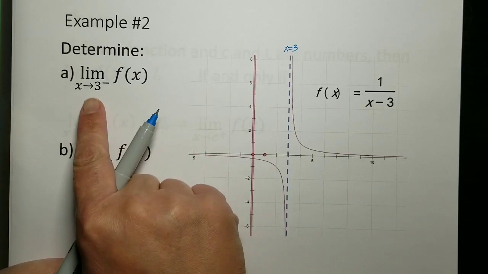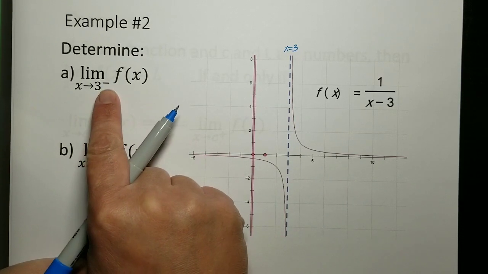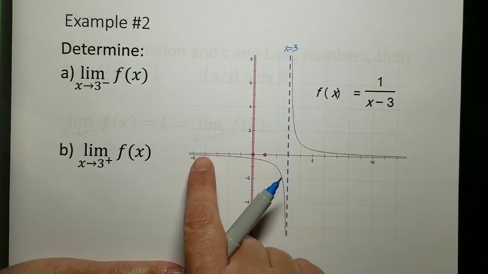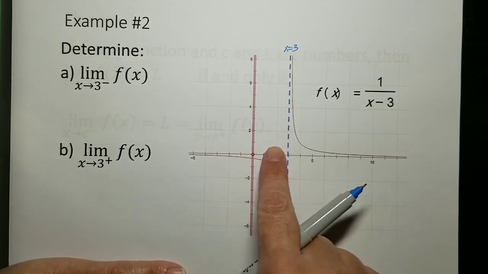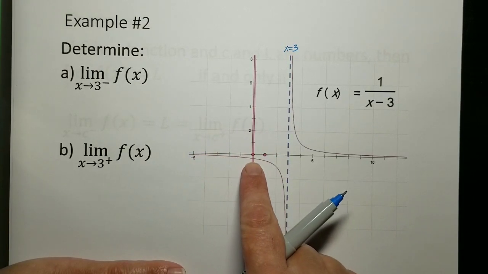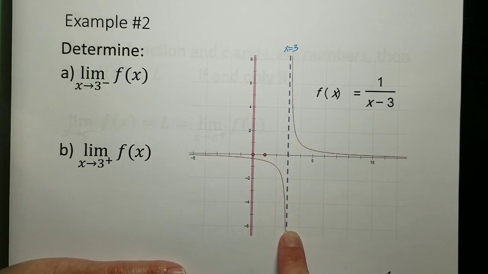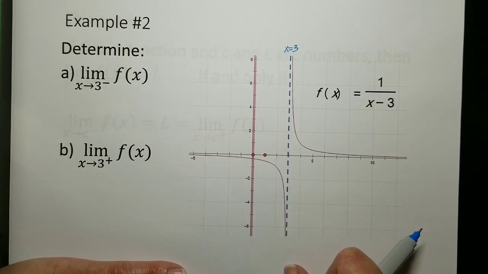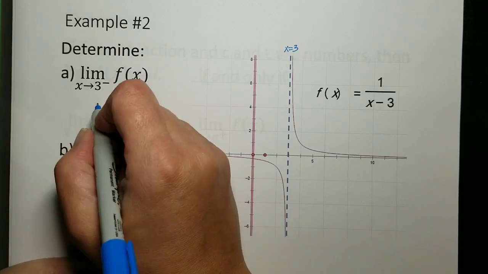So if we were evaluating the limit as x approaches 3 from the left, tracing along that graph on the left of 3, what is the y value approaching? As you get closer and closer to 3, you get bigger and bigger in the negative. So you're approaching negative infinity.